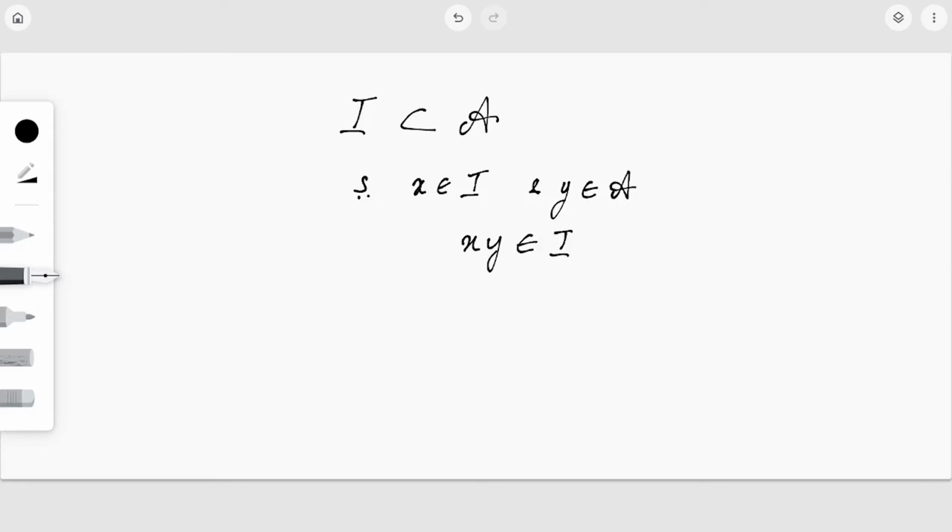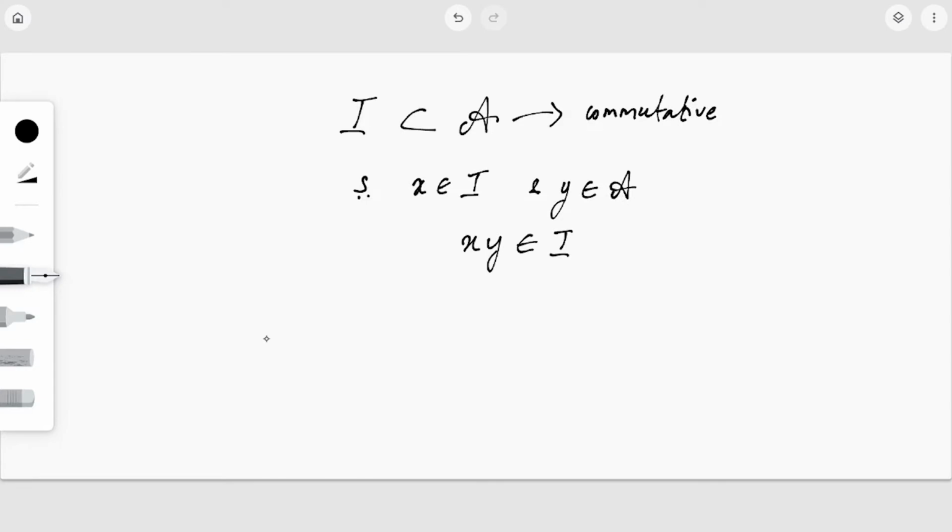Here we are dealing with a commutative Banach algebra. Then we say that I is an ideal if for every x in I and y in A, xy belongs to I.